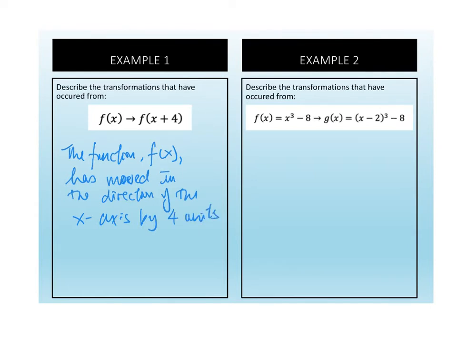Later, I will show you an example where we could actually draw it. Most of the time in this sort of exam question, you'll be asked to draw the translation. So the next one, what would you say? You are transforming f(x) to g(x).